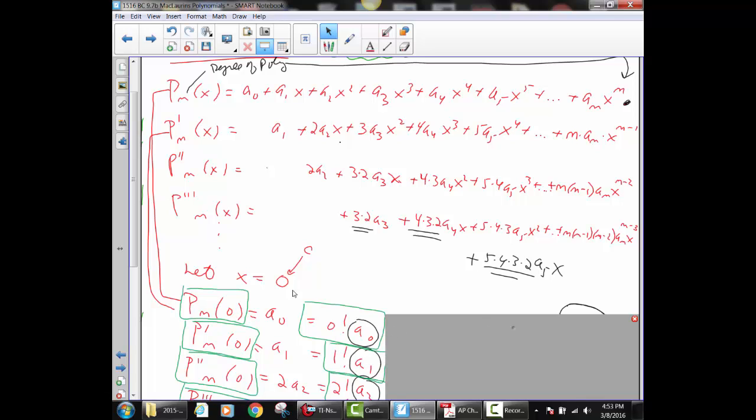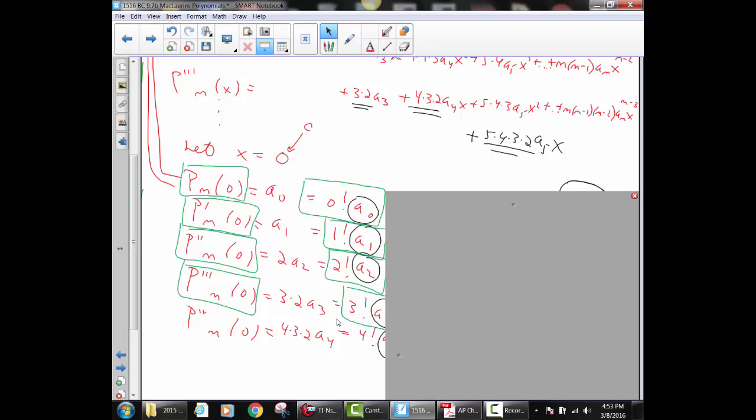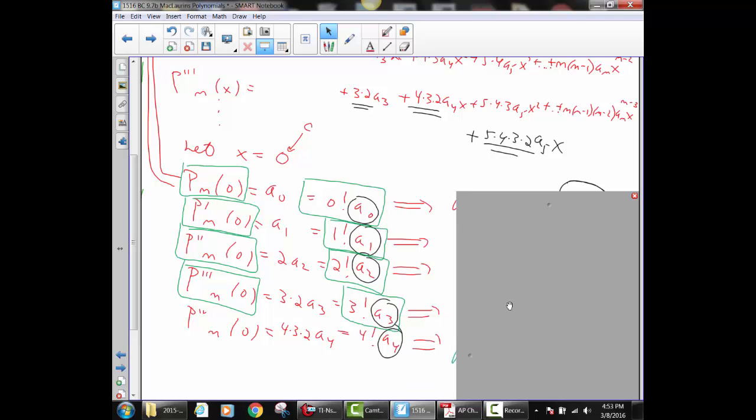I'm left with a1. If I take the second derivative at 0, replace all these x's by 0, they're all gone. I'm left with 2 times a2, etc. Now if you notice here, we get 3 times 2. The next one will be 4 times 3 times 2. Well, that's 2 factorial, that's 3 factorial, that's 4 factorial.